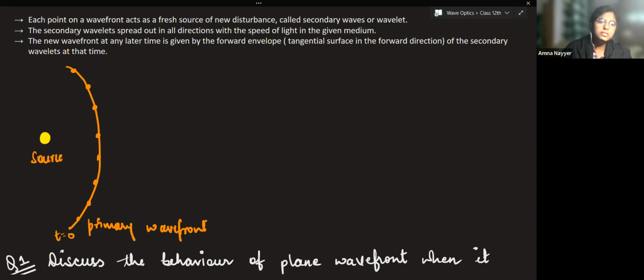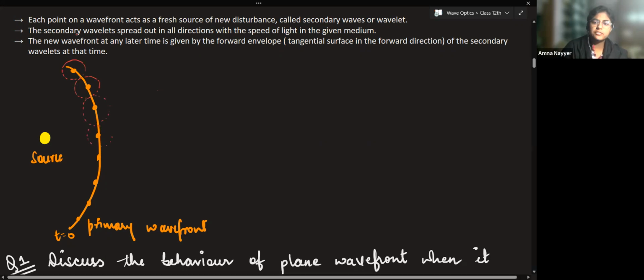This will be a new wavefront that will be formed. Here you will get a new wavefront. Here you will have a wavefront. This will lead to formation of the wavefront.